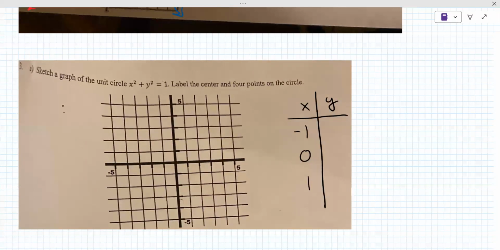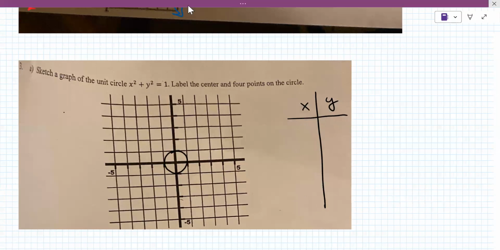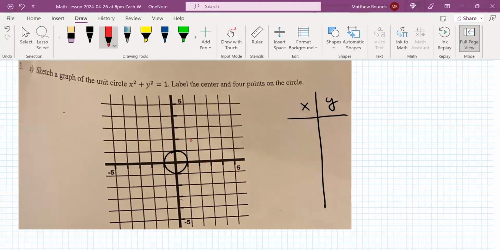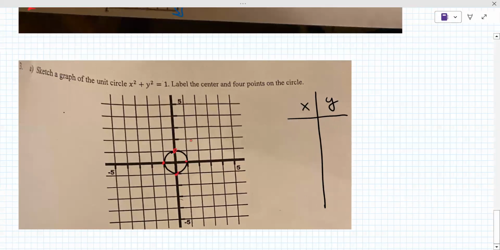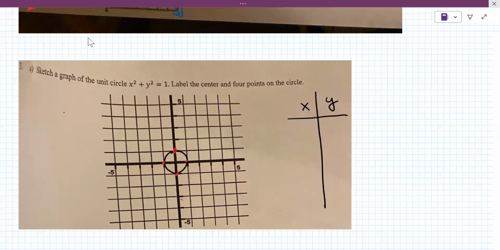Actually, let me draw it. I'm probably making this overly complicated. There's your unit circle. There's 4 main points. It's going up, down, left, and right. Could you tell me those ordered pairs there, please?